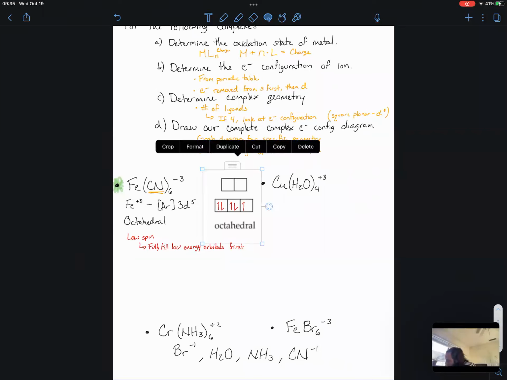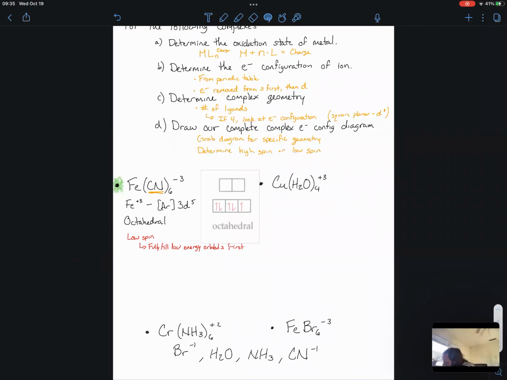All right, so for the sake of completeness, I'm going to work through these here. These are something that ideally you can do on your own at this point.